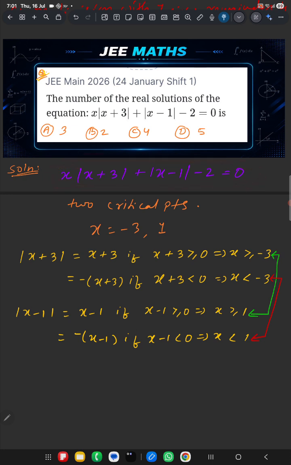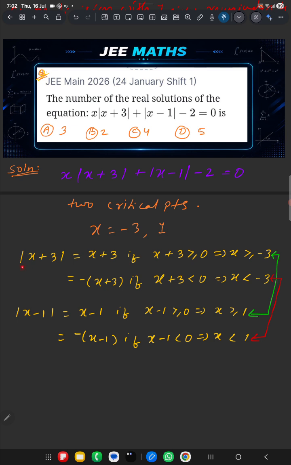And one thing you know is that |x| is x if x is greater than or equal to 0, and |x| is −x if x is less than 0. This is the behavior of the mod function.